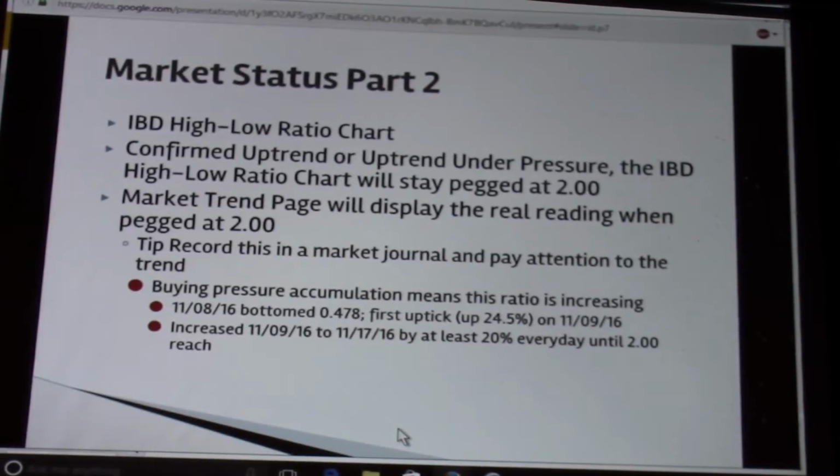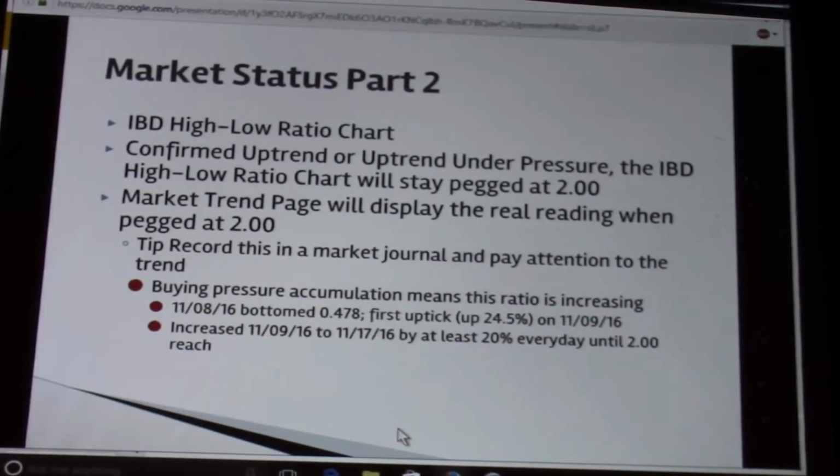But I'll show you where I made mistakes, and it was basically that I misinterpreted that. If you misinterpret that, you're going to lose. And I'm going to show you how to correct that, and how to protect yourself once you do. So at the bottom, and the article says that first uptick, and I'll give the definition in a minute, that first uptick went up 24% on the day after the election.